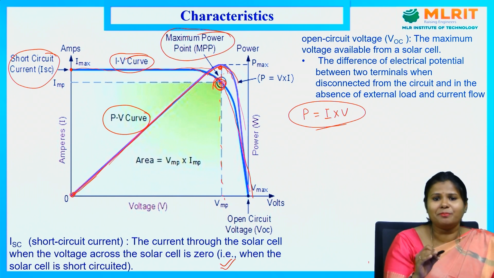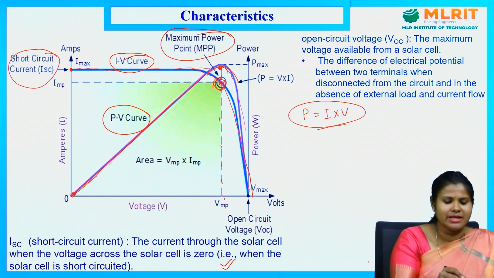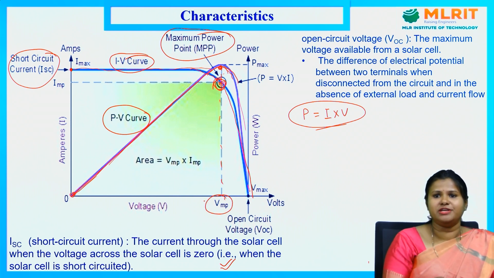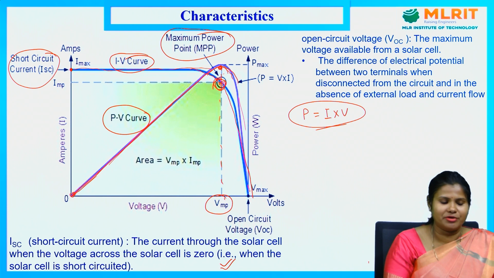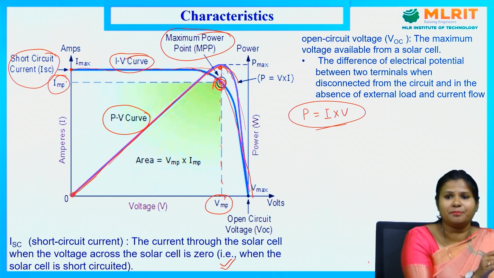The maximum power point is the point on the IV curve corresponding to the maximum power, and its x-coordinate is known as the maximum power voltage. VMP stands for maximum power voltage, and its y-coordinate is the maximum power current.